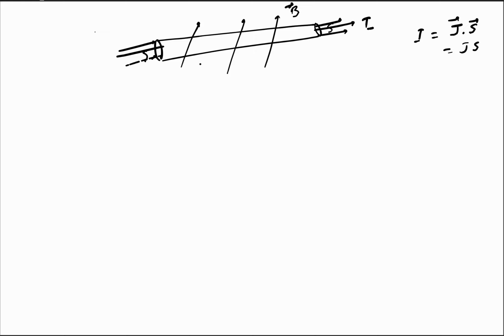So the charge carriers, if electrons are the charge carriers, they will be having an average drift velocity in this direction.